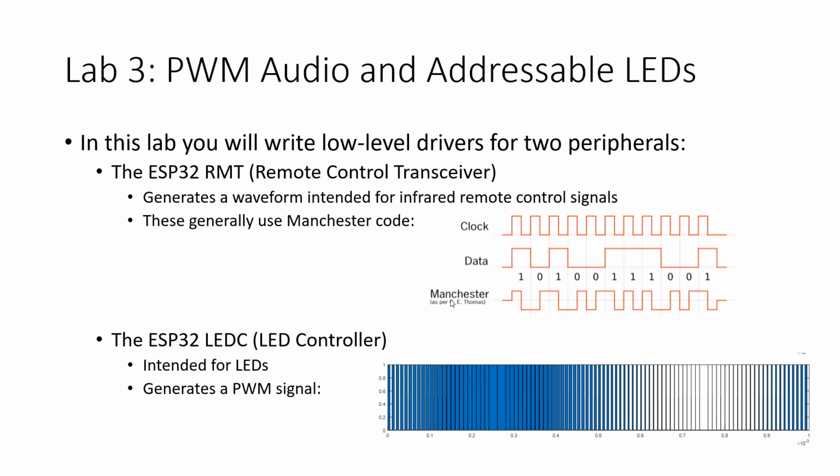Now, in infrared, just so you know, in addition to Manchester encoding, infrared signals also are modulated on a 38 kilohertz oscillator. So what's happening is that when this Manchester is 1, it's not just 1, it's actually an oscillating signal. And when it's 0, it's a non-oscillating 0.